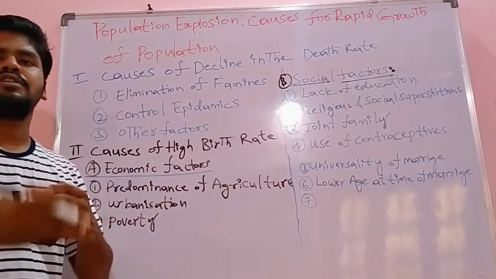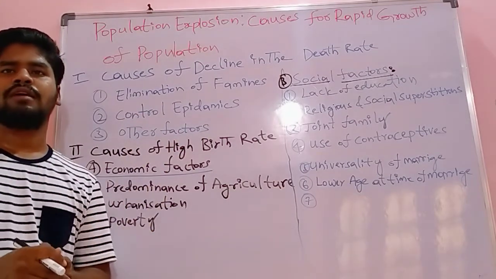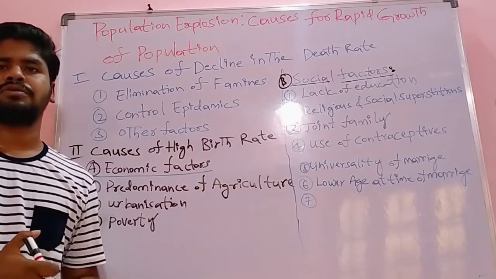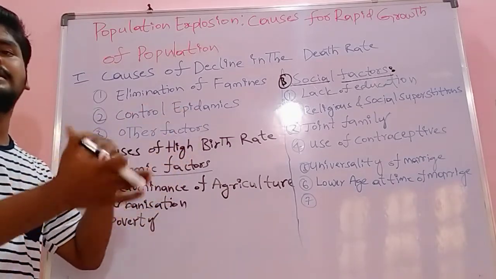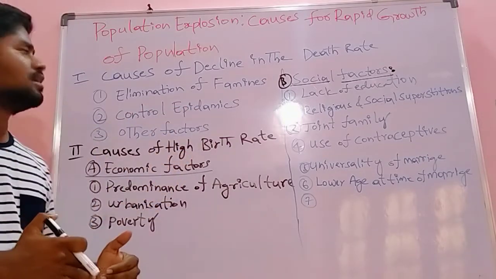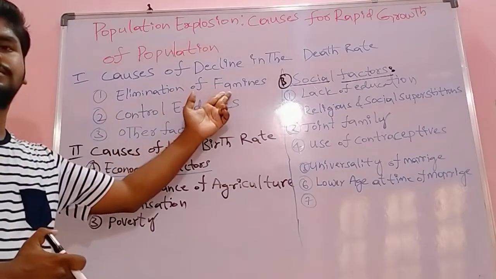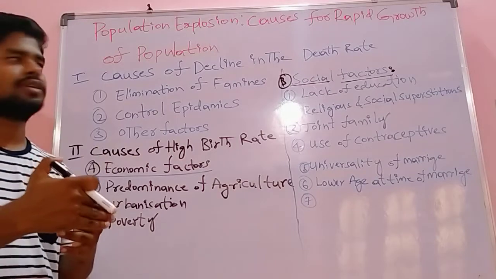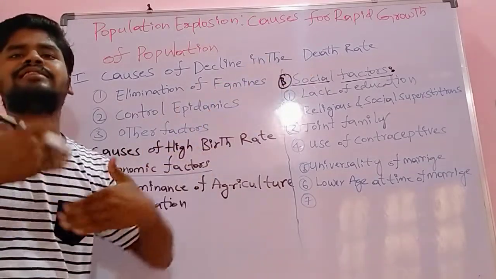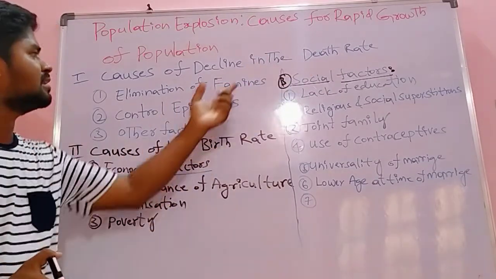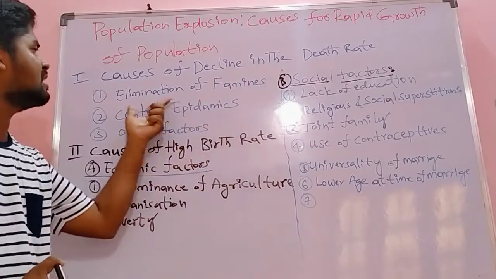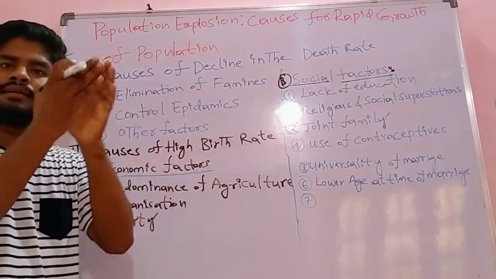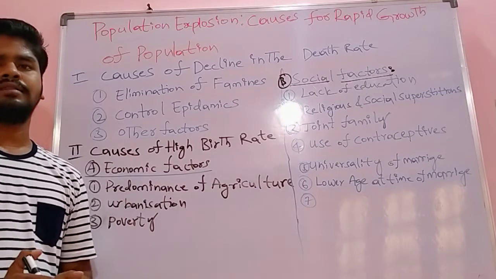So famines decreased somewhat, and there was elimination of famines. There is no such problem now. So the death rate declined. Elimination of famines leads to a declining death rate.